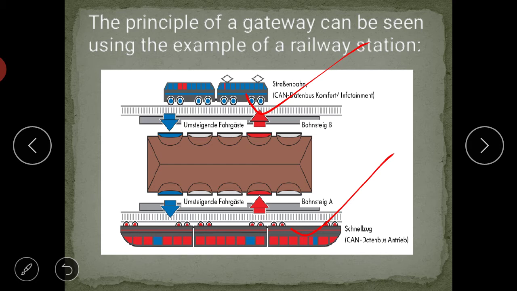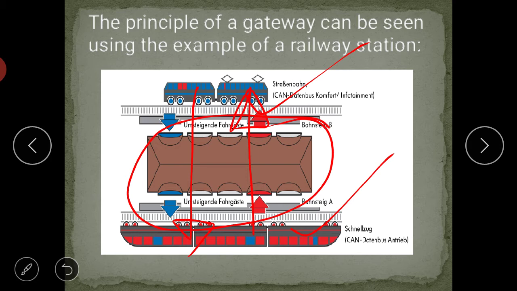If a passenger in train A wants to move to train B, he can do that at a station. This station is the gateway. So the gateway enables a passenger from this train to shift to the other train, and a passenger from that train can be shifted to this train.